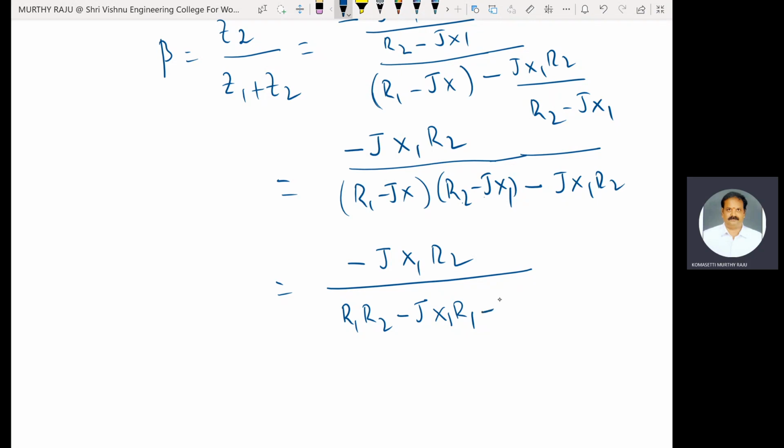Next, minus j x r2 into j square, that is minus into minus plus, x x1, minus j x1 r2.